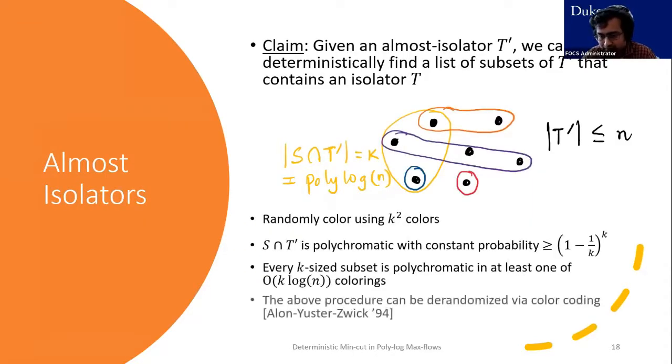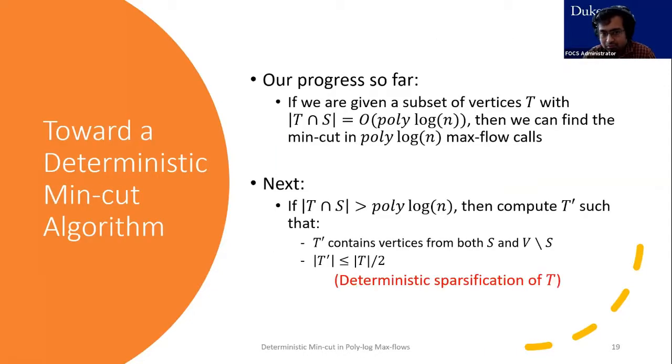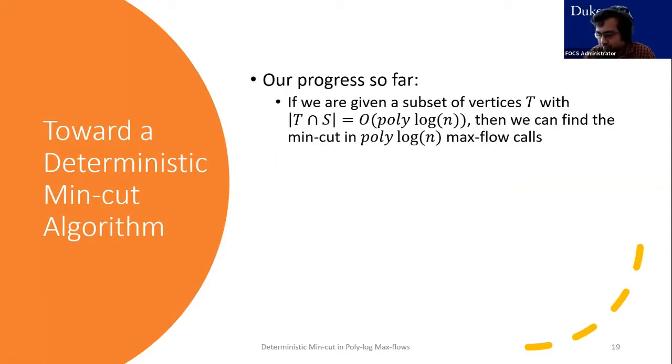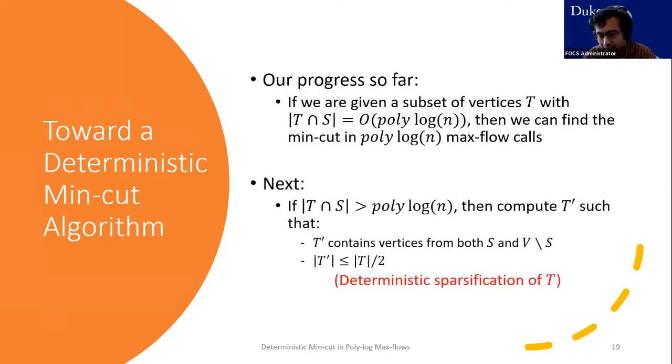Let me skip the details, but basically we implement a beautiful idea of Alon, Yuster and Zwick called color coding. They used it in a different context, but we are able to use it in the current context to generate this list of potential isolators given an almost isolator. So that's the first idea. That reduces our problem to obtaining an almost isolator. If we're able to obtain an almost isolator, then we are done.